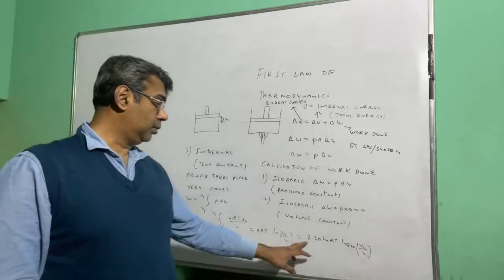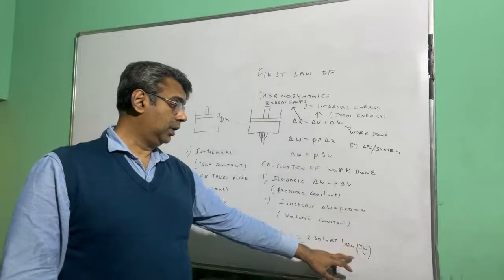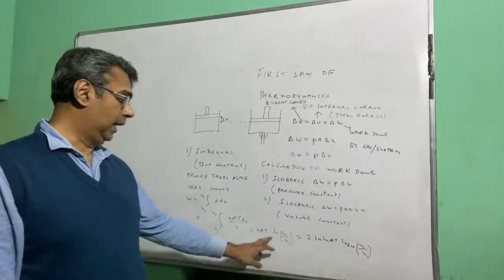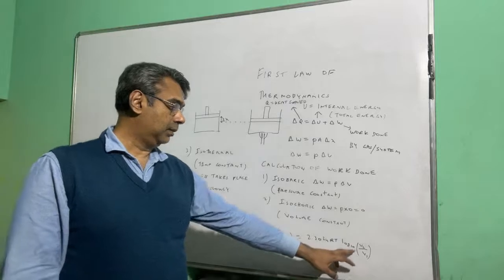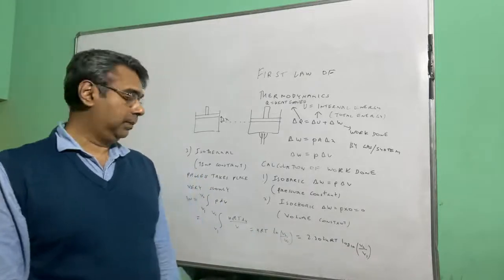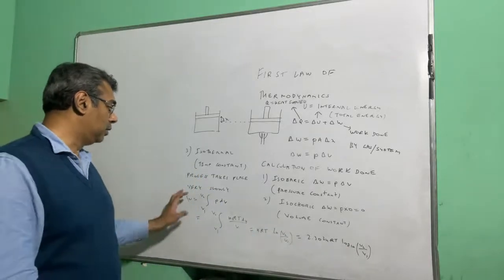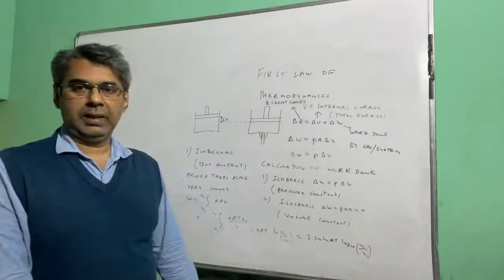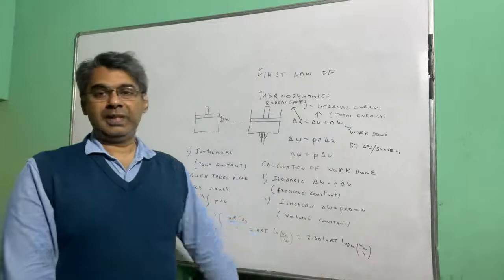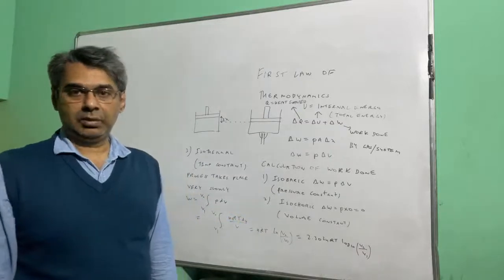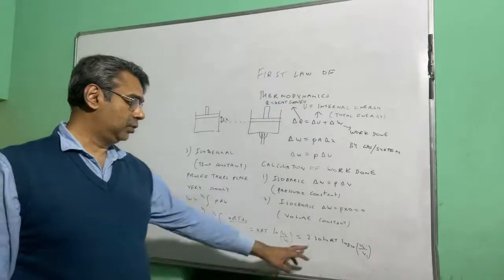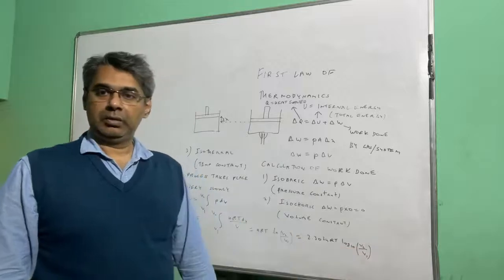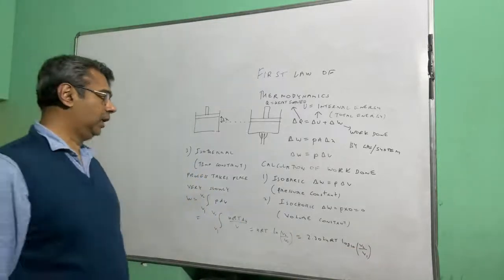So you can write it as 2.303 nRT log V2 by V1, where the base is 10. Ln means base e, and log, of course, common logarithm, has base 10. So the isothermal work done formula is this and this; both are the same, but the log base 10 is more comfortable for calculation purposes.